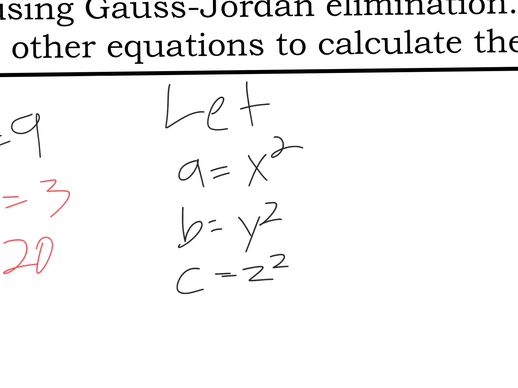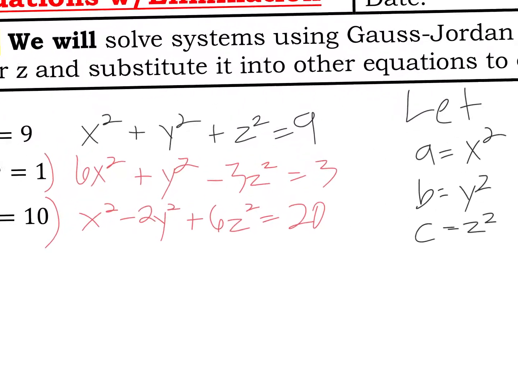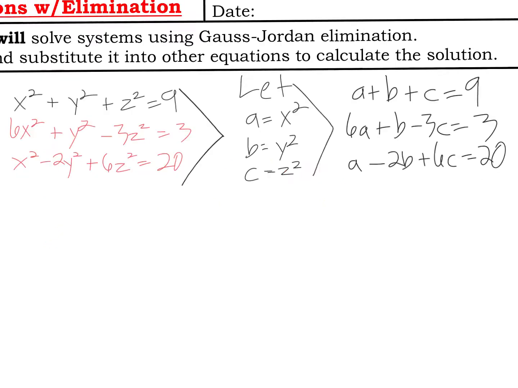And so with that, you need to rewrite your system of equations using the letters A, B, and C, and then it will become a linear system of equations. Okay, so you can see here that everything is the same, just I replaced all x squareds with a's, all y squareds with b's, and all z squareds with c's.